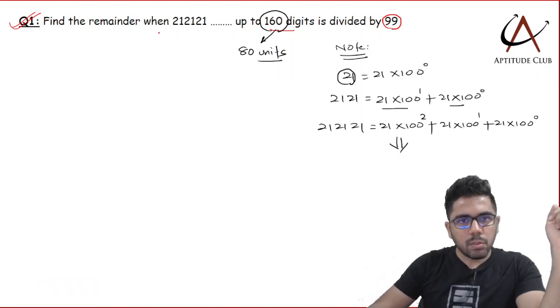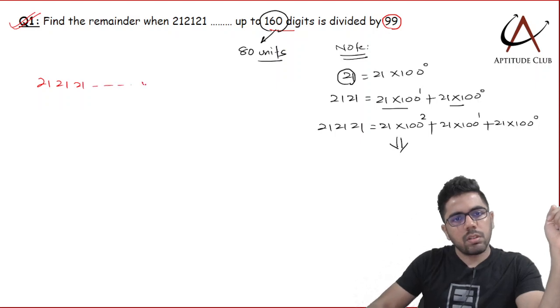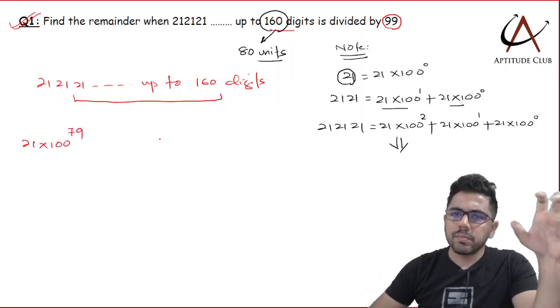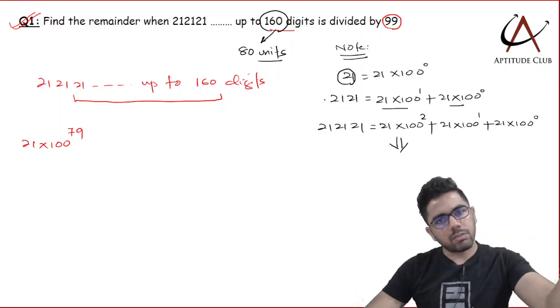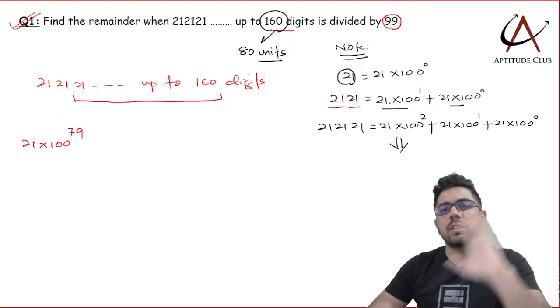So that means this number 2121 up to 160 digits, how can I write this number? The same number can be written in this way. I can write it as 21 into 100 to the power, I'll start with 79, because I'm seeing that for the number of times 21 is repeated, the power of 100 starts from 1 less than that. If it is repeated 2 times, I'm going from power 1 to 0.